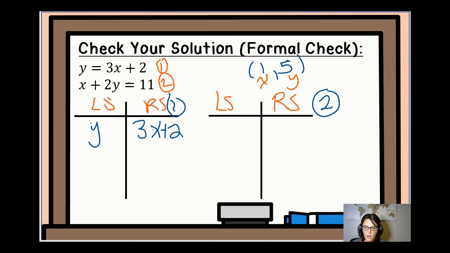I'm going to replace the y on the left side with 5. And I'm going to replace the x with a 1. And then I'm going to simplify. So there's nothing to simplify on the left side. However, on the right side, 3 times 1 is 3, plus 2 is 5. So therefore, left side equals right side.